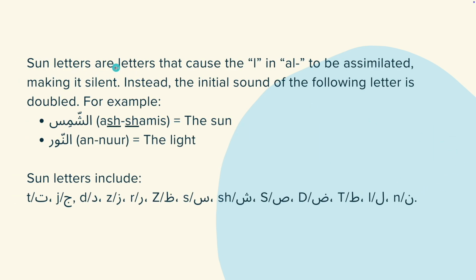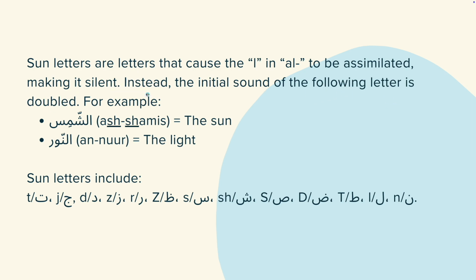So sun letters are letters that cause the letter L, or the lam from the al, to be assimilated or dropped, making it silent. Instead, the initial sound of the following letter is doubled.